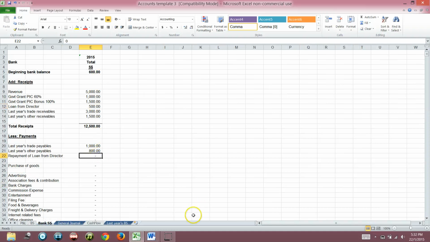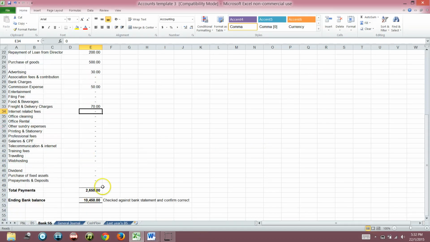Okay, so repayment, this one, I'll just key in some figures just to demonstrate to you. And then similarly, all these, you don't try to adjust this sheet.